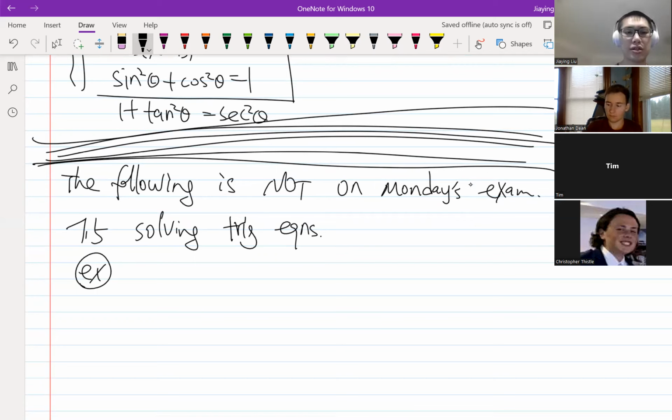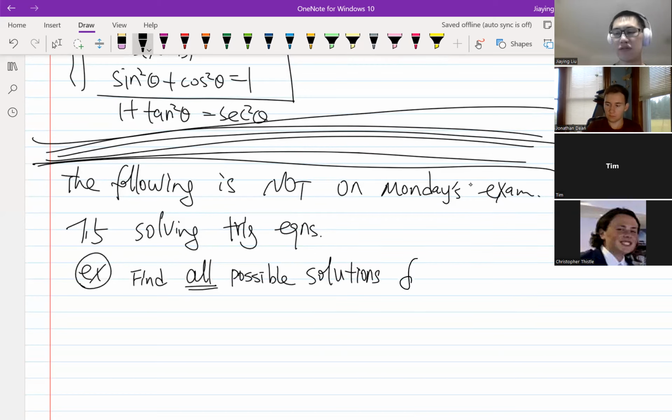So find all possible solutions for the equation cosine theta equals 1/2. The equation is cosine theta equals half. Simple. But the question is not just, what is theta? It's actually asking us to find all the possible solutions.